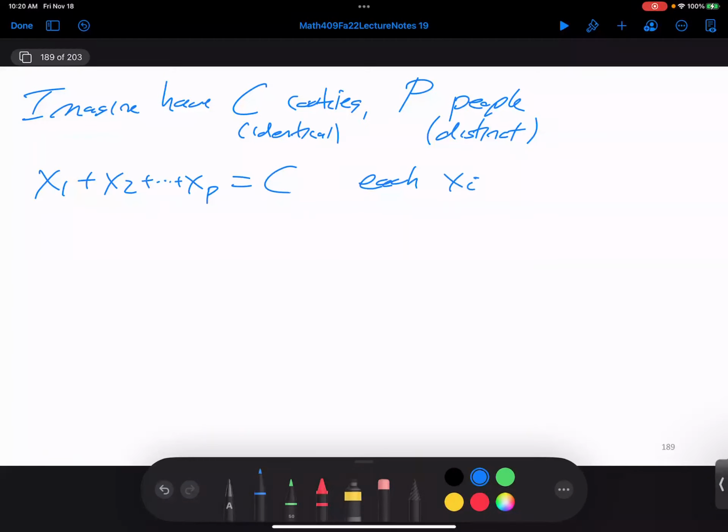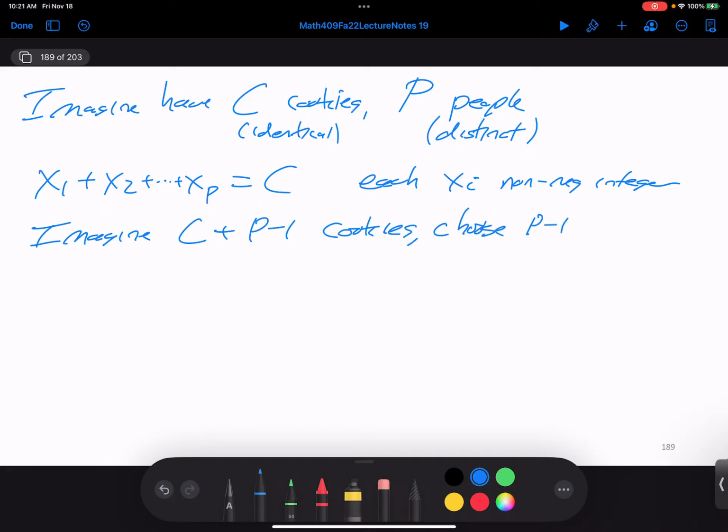Each xi is a non-negative integer. And the solution is: imagine C plus P minus 1 cookies. Choose P minus 1 to eat. It gives P minus 1 partition points.